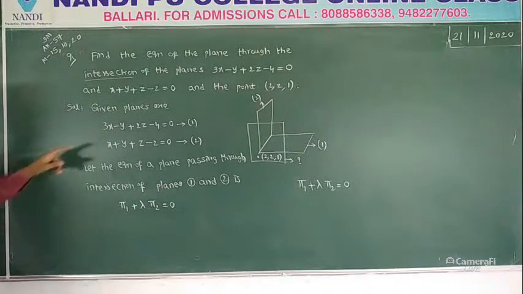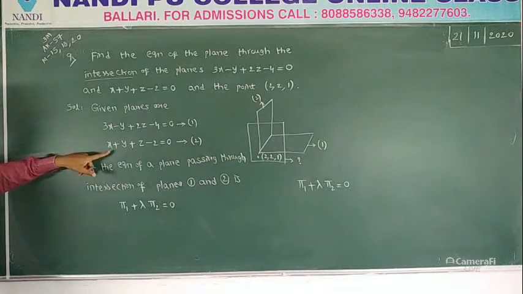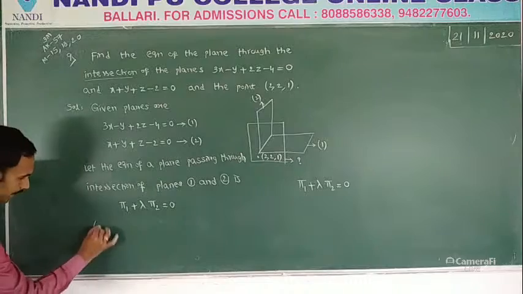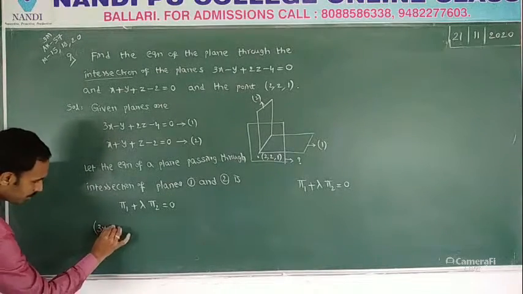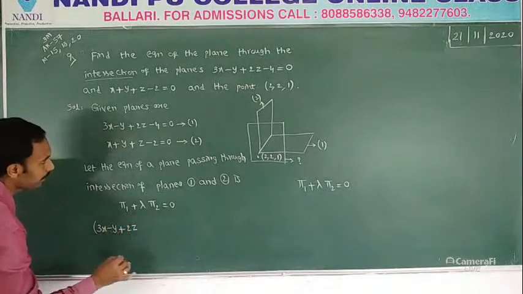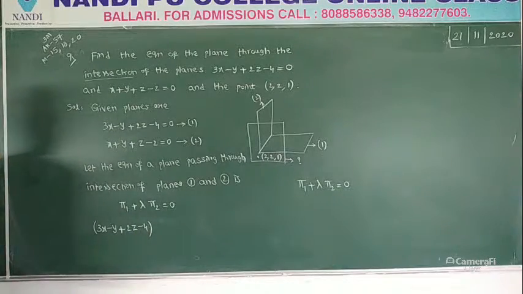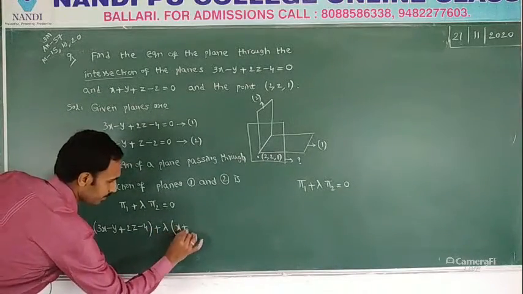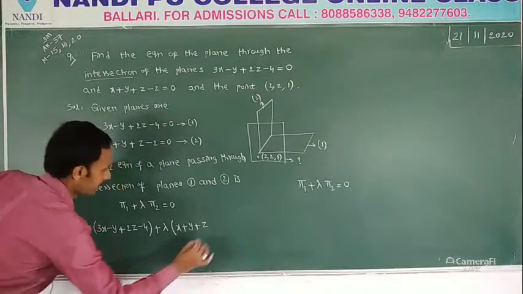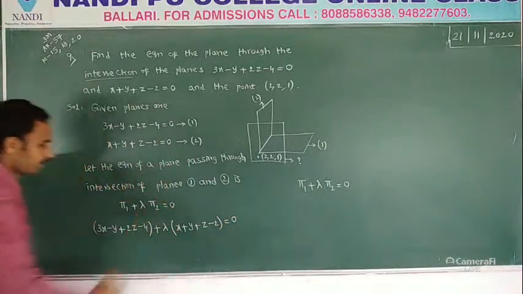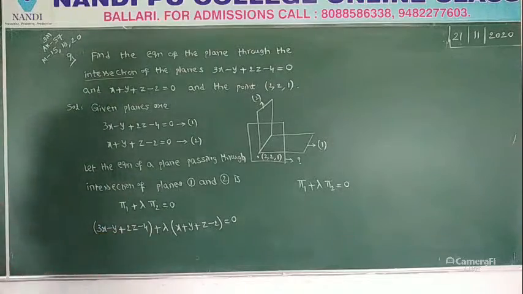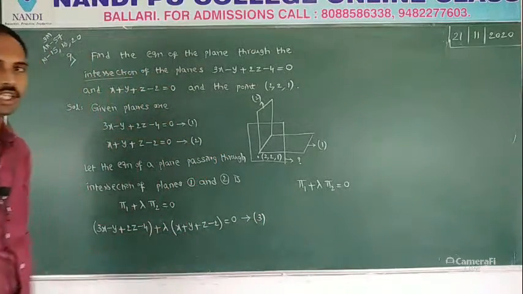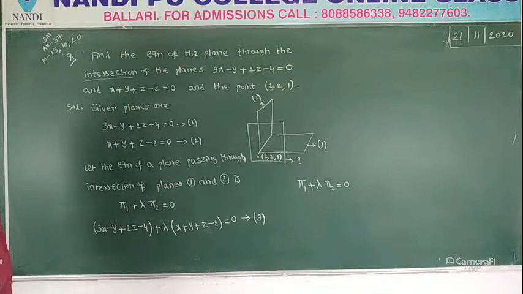Pi 1 means first plane, pi 2 second plane. Pi 1 is 3x minus y plus 2z minus 4 plus lambda into (x plus y plus z minus 2) is equal to 0. Take this as equation 3. After getting lambda, we can substitute here.